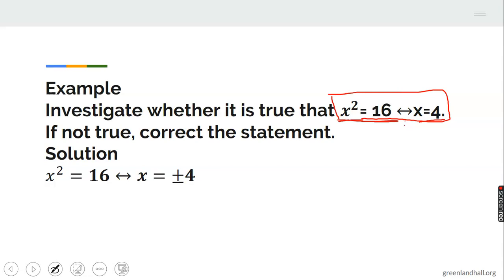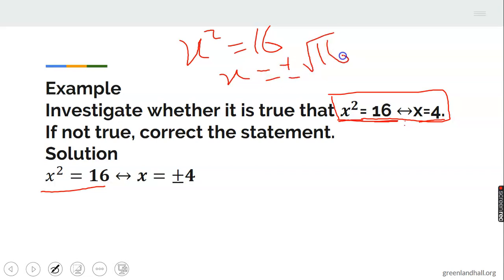Solution. We know that the solution for x squared equals 16 is not only 4. When you take the square root of both sides, it will be plus or minus root 16, and the answer will be plus or minus 4.